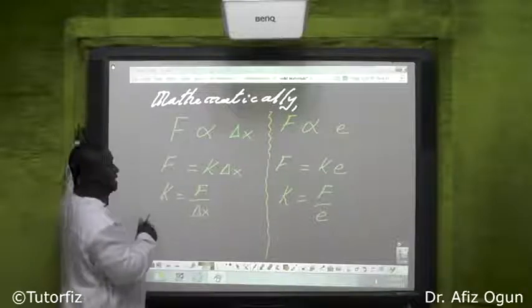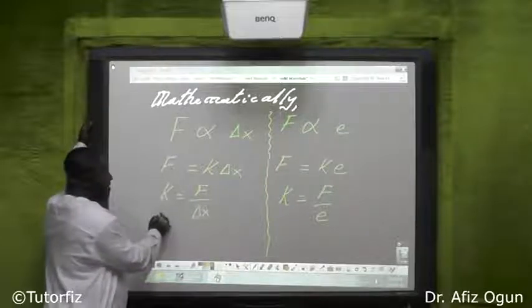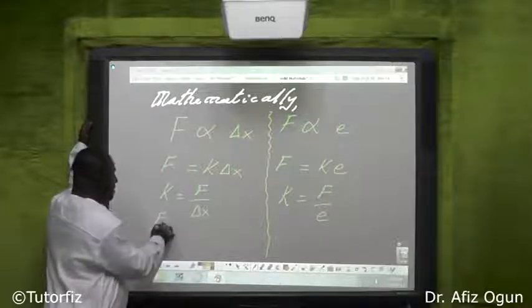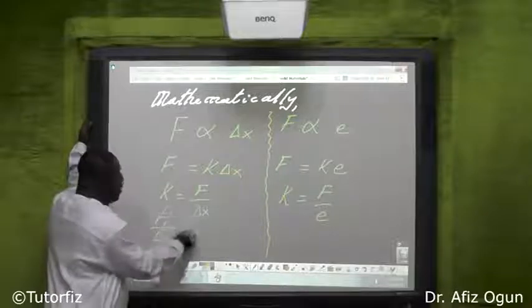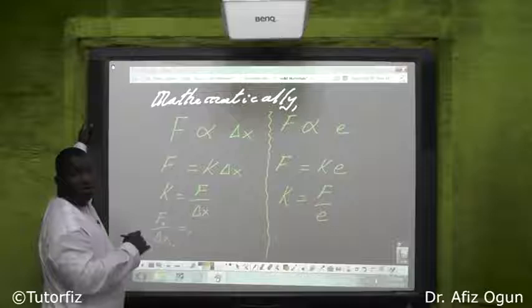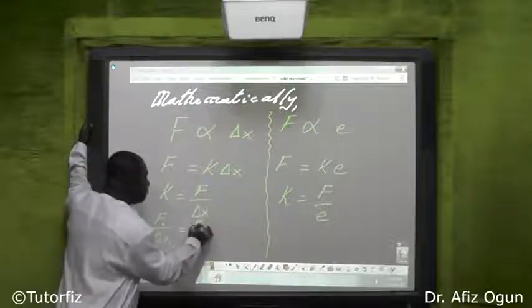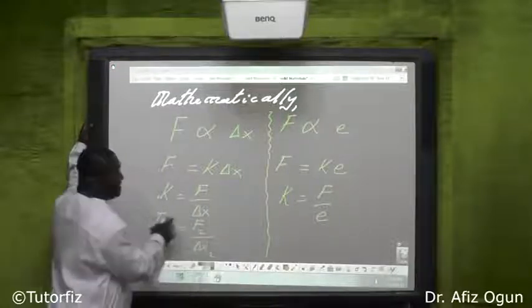So if that is the case, let me now say if I divide F by delta X, in my first instance, F1 divided by delta X1, it should be equal to, if I do the same thing by changing the force, I'll get another delta X. So let's say F2 divided by delta X2. So I will always get the same answer.